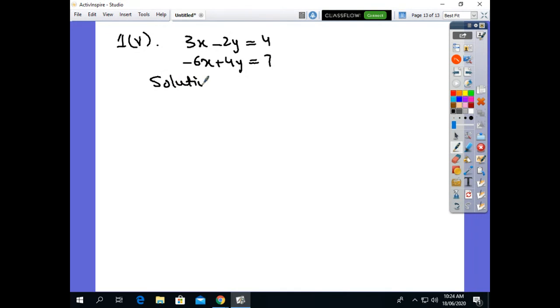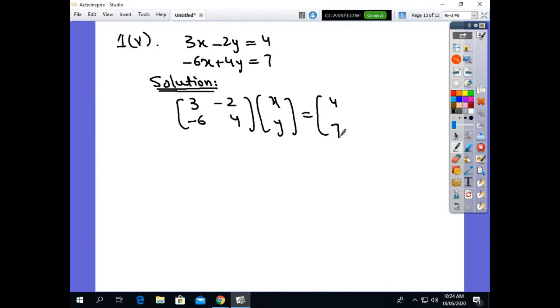We convert it into matrix form. We have 3, negative 2, negative 6, 4, times x, y, is equal to 4, 7. We call the first matrix A, the second matrix X, and the third one B.